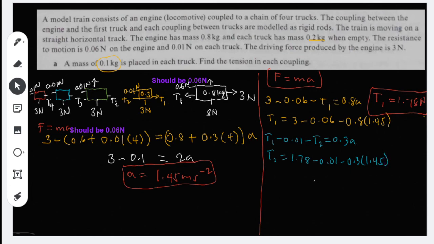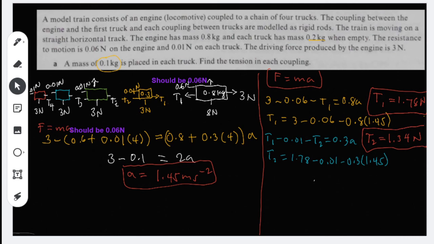You can pause the video again. This will give us the value of our T sub 2 as approximately 1.34 Newton, expressed in decimal places. That will be your T sub 2.